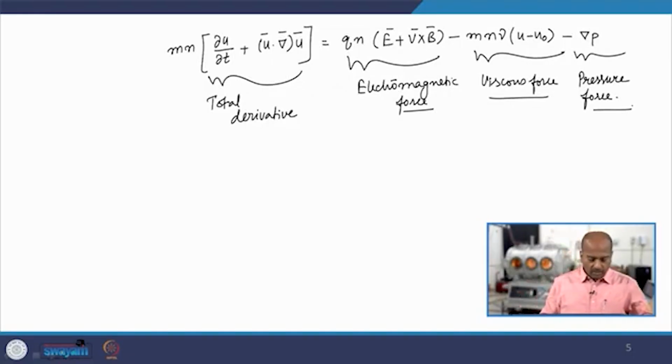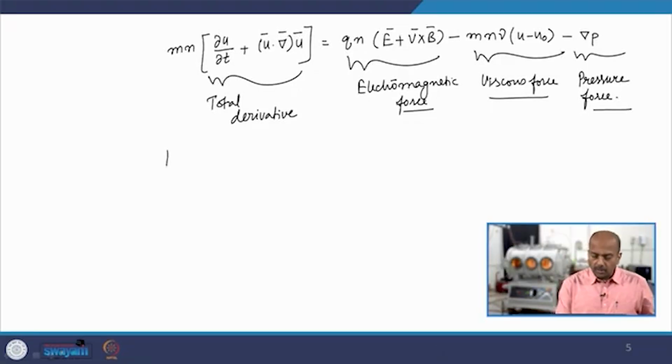So, if you take this, we can now go ahead and see how will be the full set of equations that will appear when we consider plasma as a fluid, right. So, now plasma is going to be called as a mixture of two interpenetrating fluids.